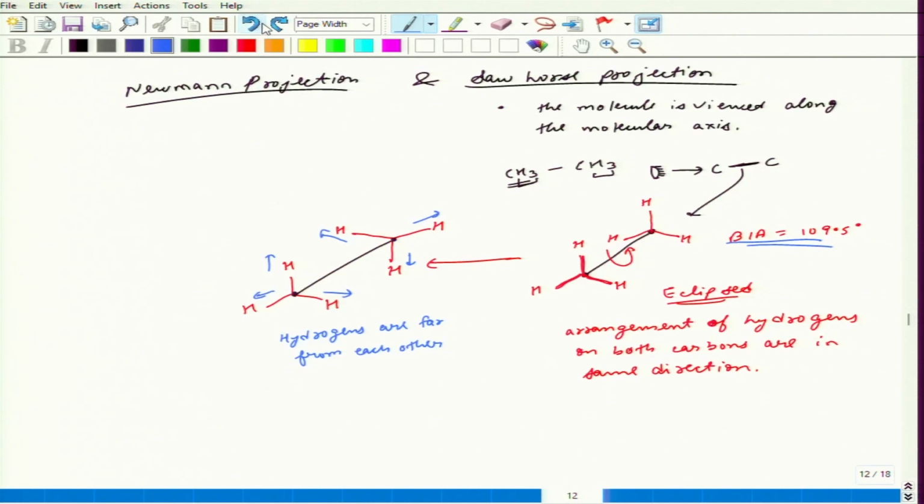So, that is how eclipsed and staggered conformations work, and this is a staggered conformation. And do remember, these lines are inclined at 120 degrees to each other.